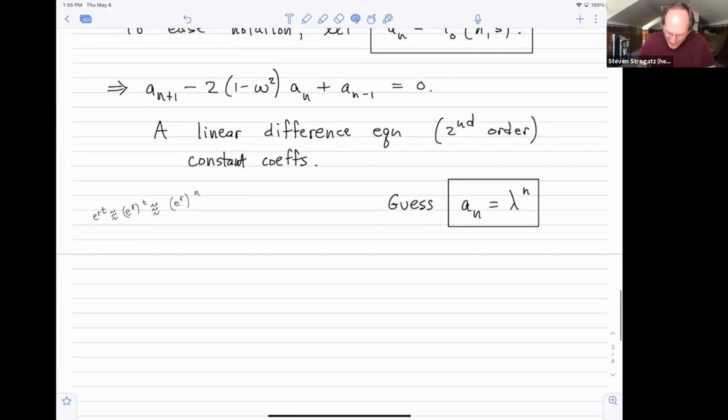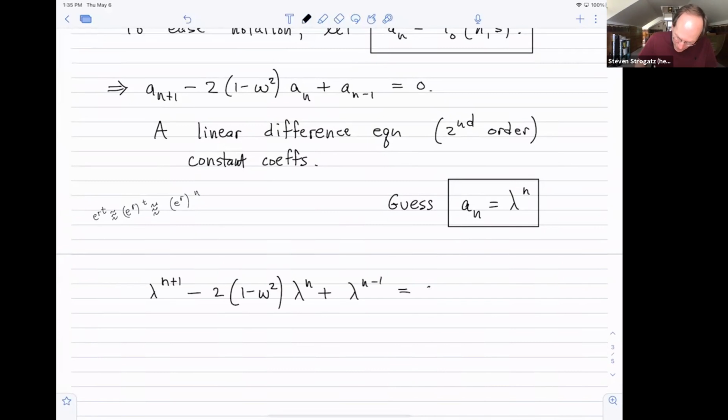All right, so if you make that guess, then what happens in the difference equation? You'll get lambda to the n plus 1 minus 2 times (1 minus omega squared) lambda to the n plus lambda to the n minus 1 equals 0.